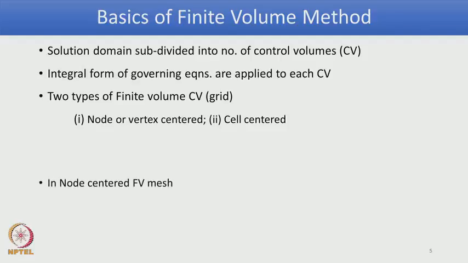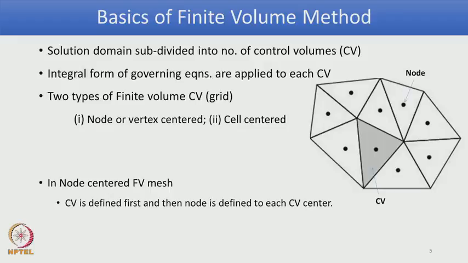So, in node centered finite volume mesh, CV means control volume, it is defined first and then a node is defined at each CV center. So, here is an illustration.